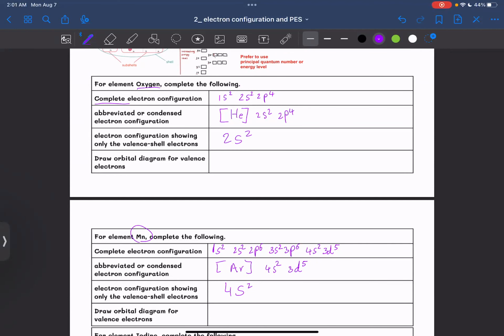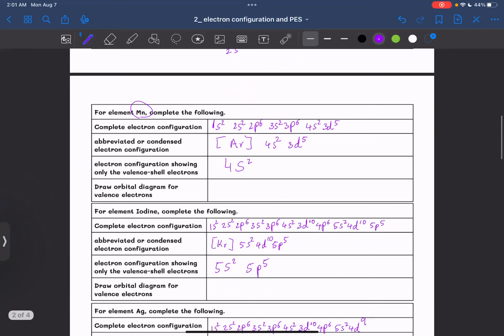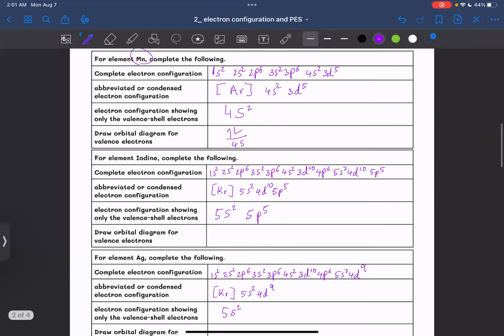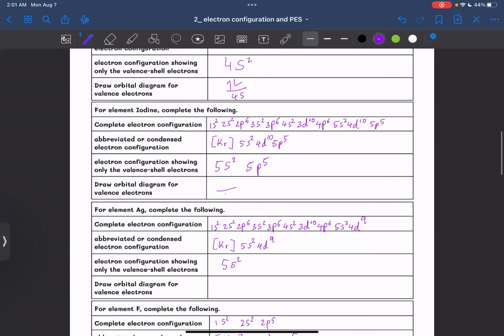Okay, now drawing. What are we going to draw? Orbitals. S has only one orbital. That's 2s, and since there are 2 electrons, 1 up, 1 down, you're done. 4s2, same thing: 1 up, 1 down, you're done. This one, 5s, and then P has 3, so we need 3 lines. S2, 1 up, 1 down, done.